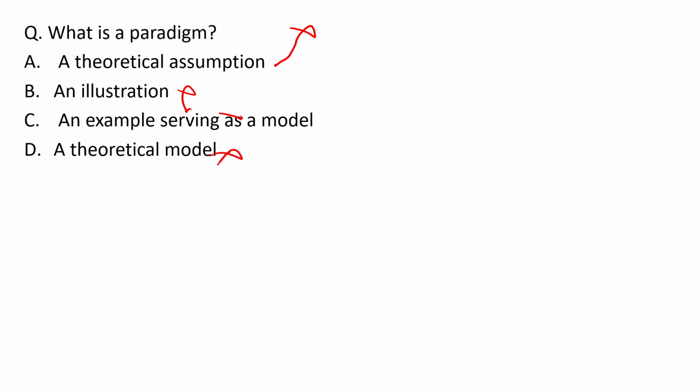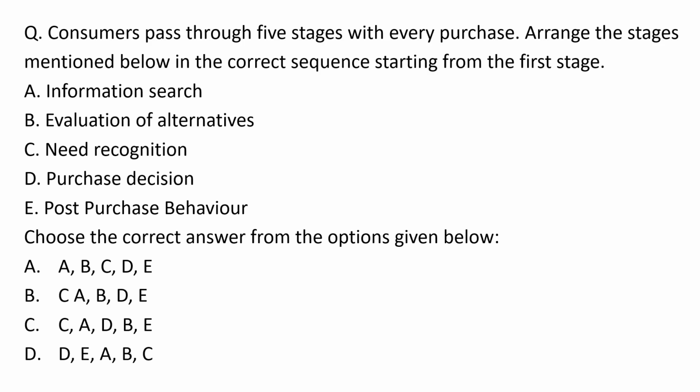An example which is serving as a model is a paradigm. You might have studied the topic research paradigm in Paper 1, where we have two major concepts, positivism and post-positivism. It has just asked what a paradigm is, so a paradigm is an example serving as a model. Let's move to the next question.